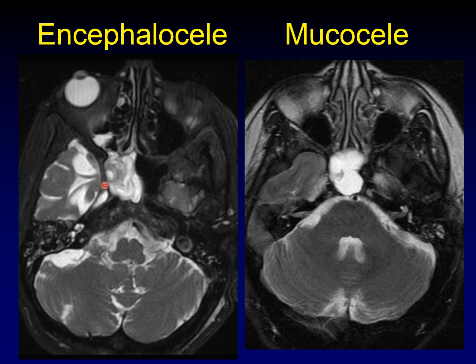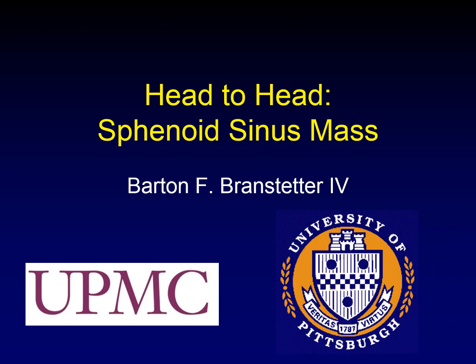Well, you can see in this picture the herniated brain tissue, and importantly, the brain tissue has been drawn into the defect, leaving larger sulci on the other side. Here, a more rounded configuration and some debris in the middle. That's not brain tissue, that's just debris, but the rounded configuration leads us to the diagnosis of mucocele.